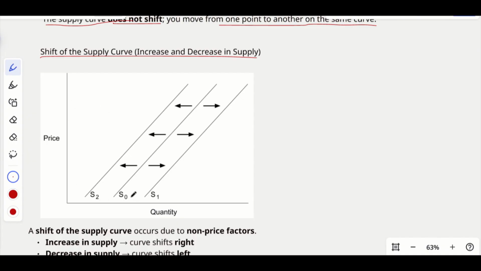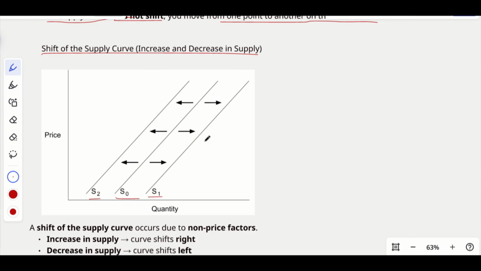Okay. So let's take the initial supply curve S0, and S1 and S2 are the other two supply curves. So S1 is the expansion, that is, the supply has increased at all price levels, and S2 is the supply curve when the production is reduced at all price levels.